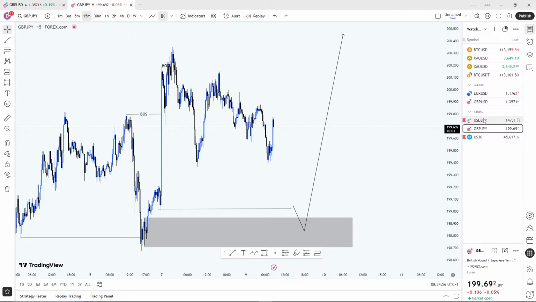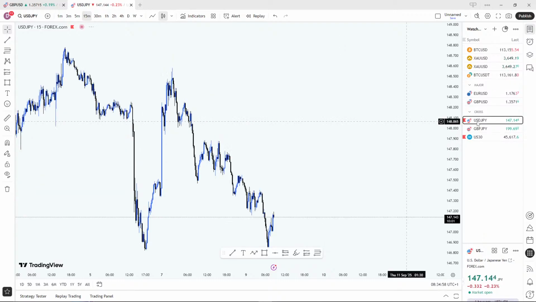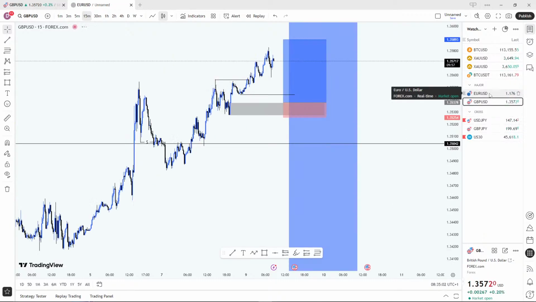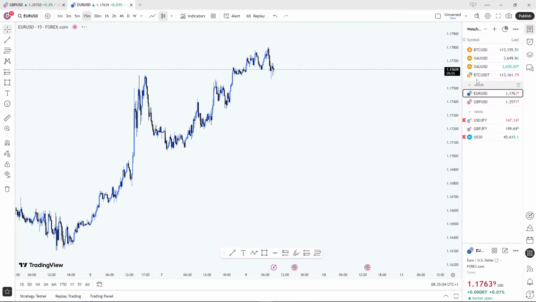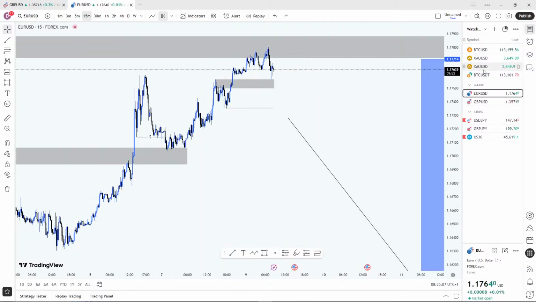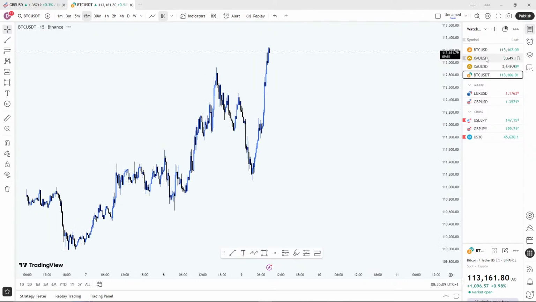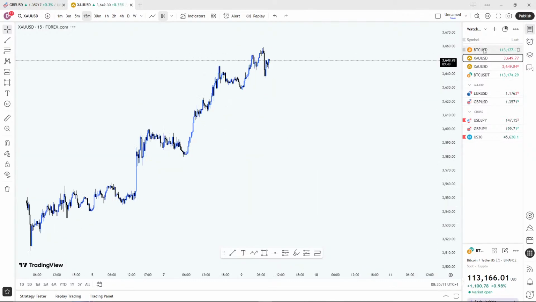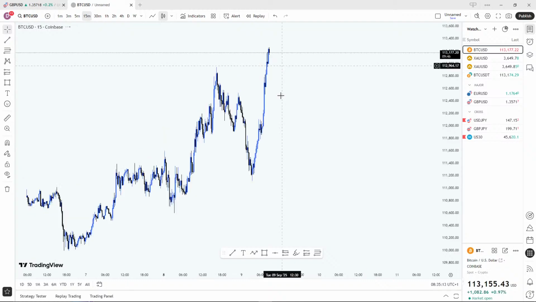Buy on this GBP JPY, sell on USD JPY. We're still watching out for sell on Euro USD when it gives a clear change of character. And on other markets, I guess we're looking out for buys.